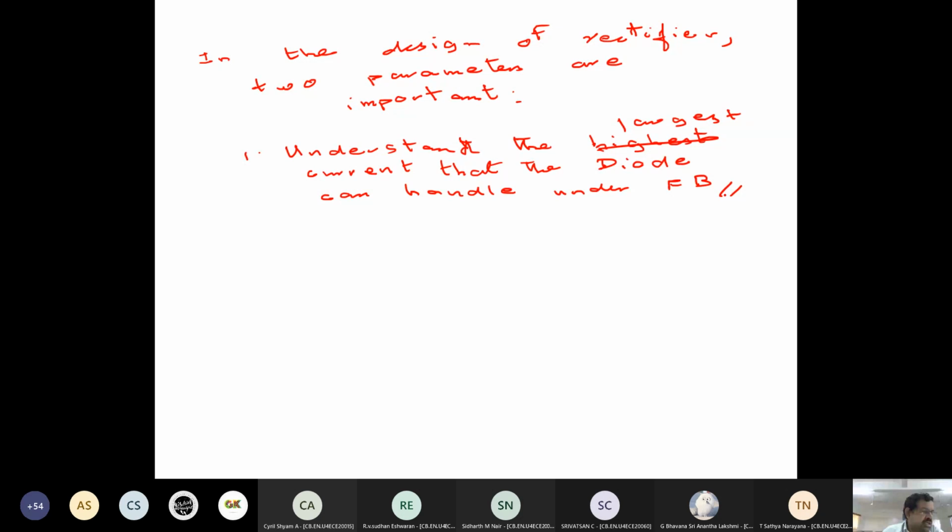This is very important. That is, when it is conducting, the current handling capacity of the diode.